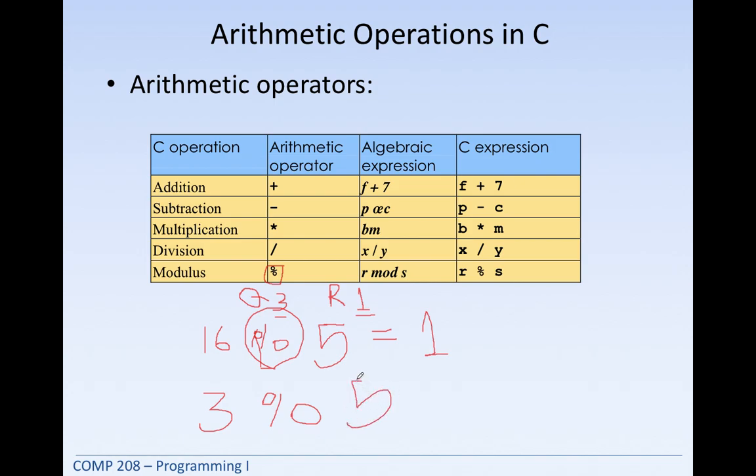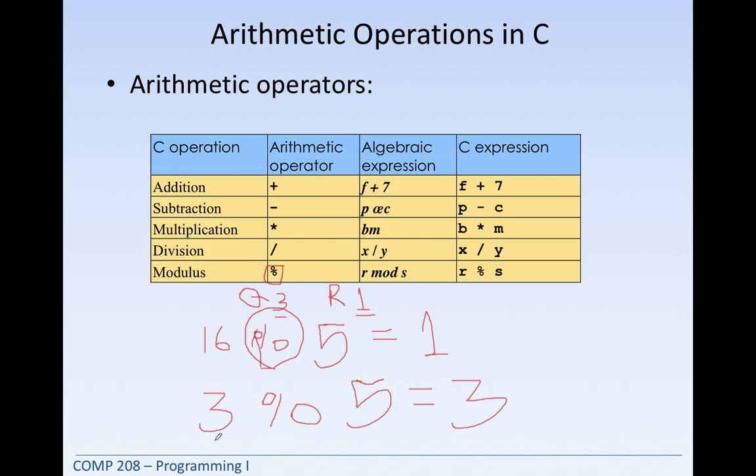So 3 modulus 5, what do you think that would give me? This is the trick. By the way, with modulus you should always have integers, no decimal point. 3 modulus 5 is always the number itself. If the dividend is less than the divisor, the remainder is always going to be this number, because 3 divided by 5 is 0, remainder 3.